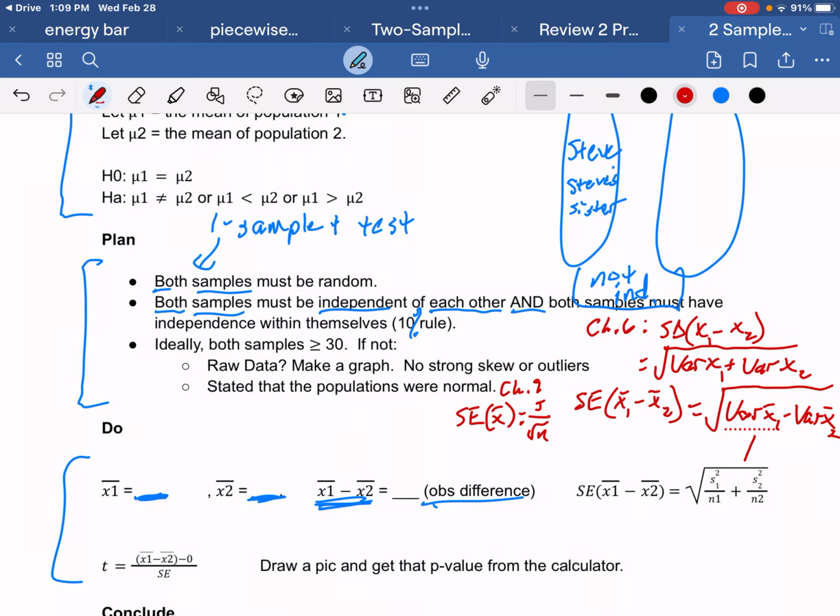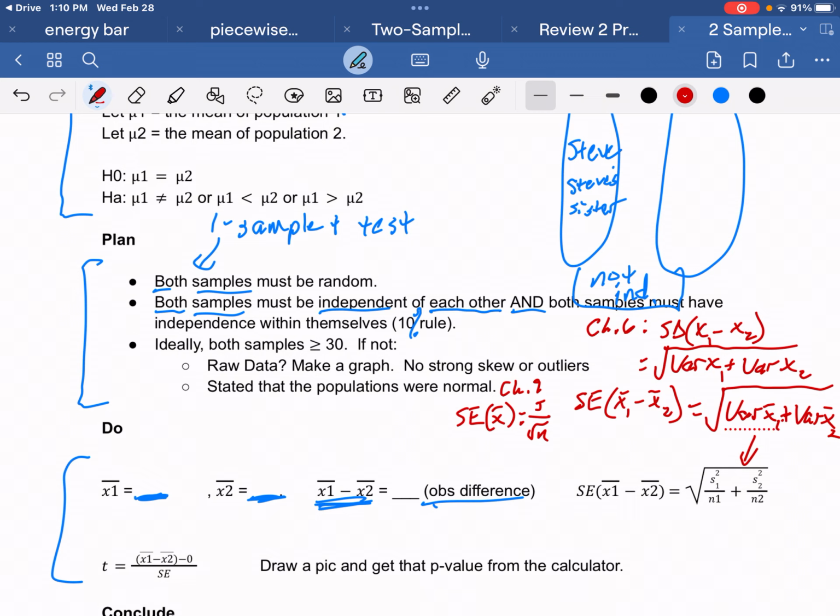Well, that would equal the square root of s1 squared over n1 plus s2 squared divided by n2.